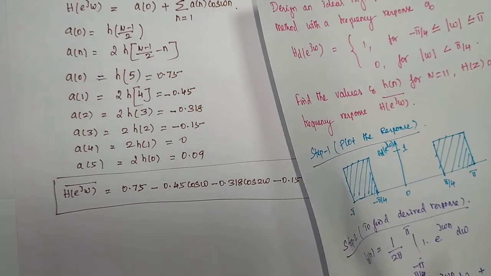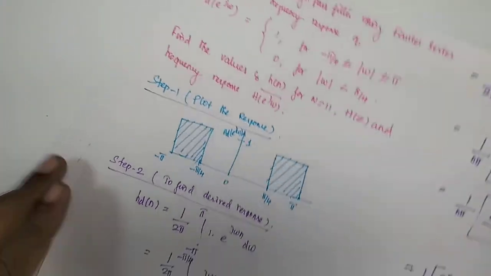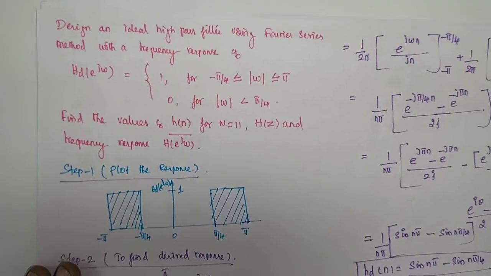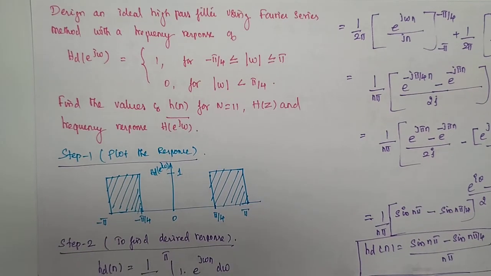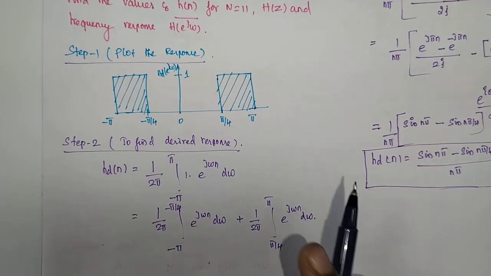Okay, let's have a brief recap of what we discussed so far. The question is to design a high pass FIR filter for the given frequency response. Step 1: you have to draw the response from the given specification.